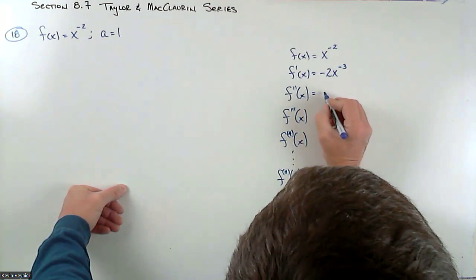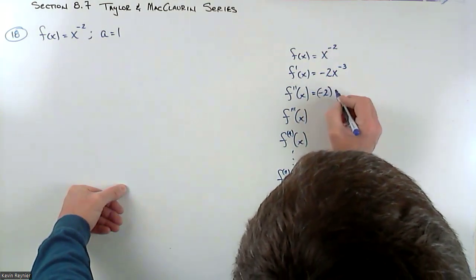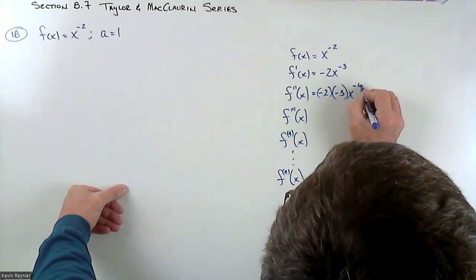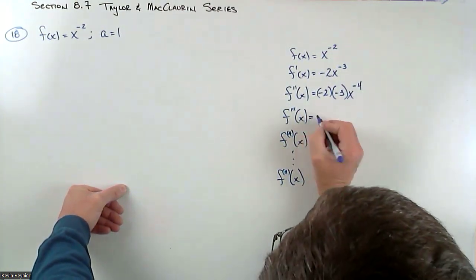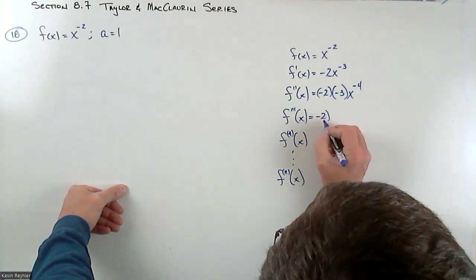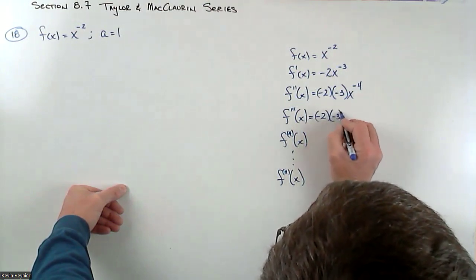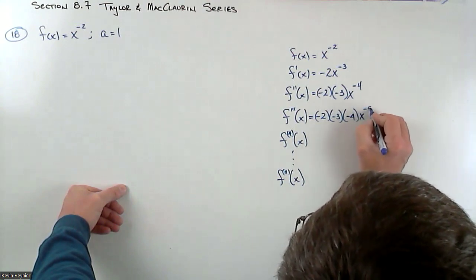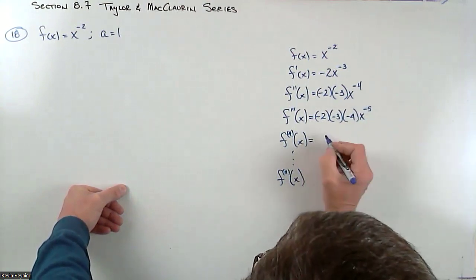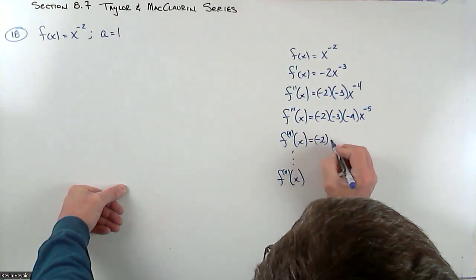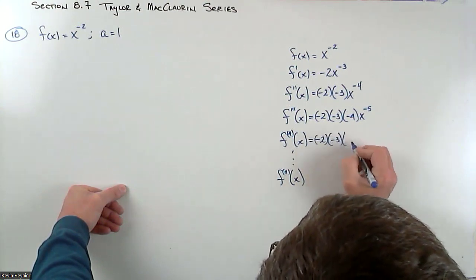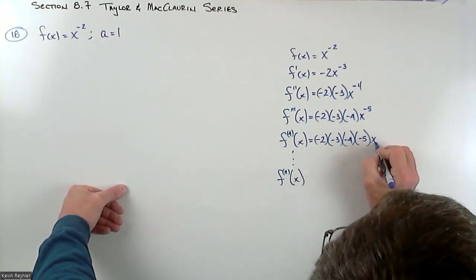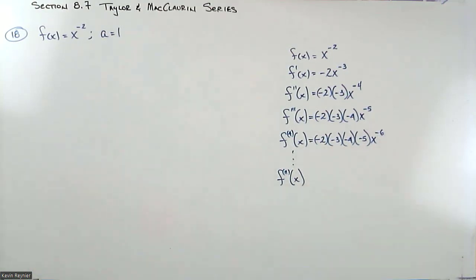When we take the derivative of that, we get -2 times -3 x to the -4. When we take the derivative of that, we get -2 times -3 times -4 x to the -5. And the fourth derivative is going to be -2 times -3 times -4 times -5 x to the -6.